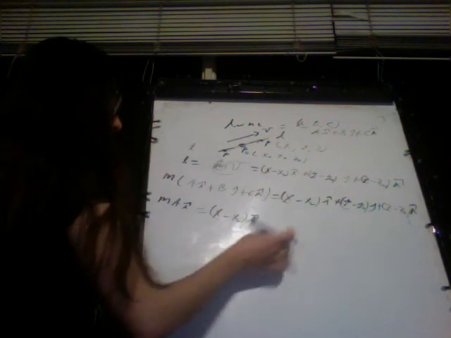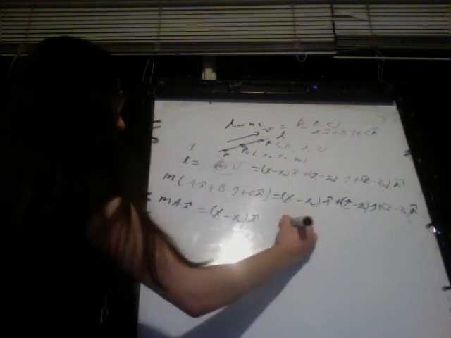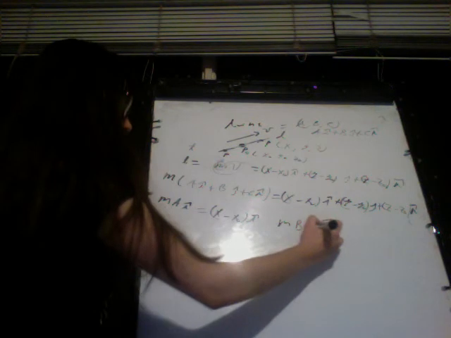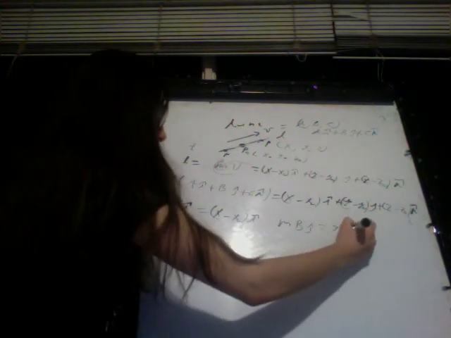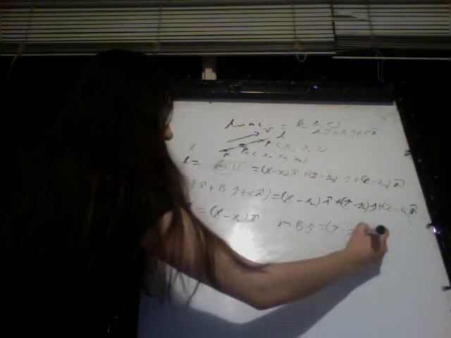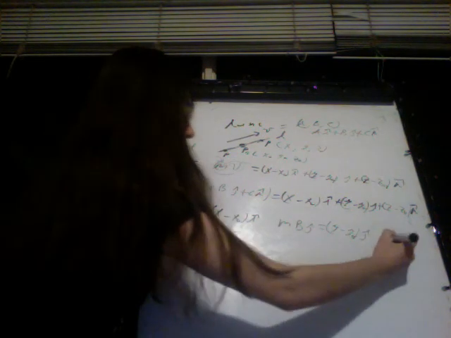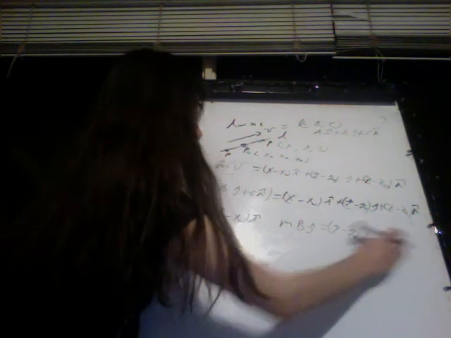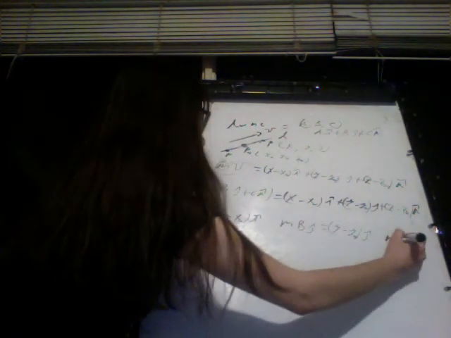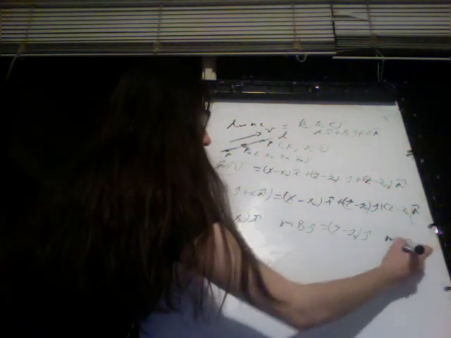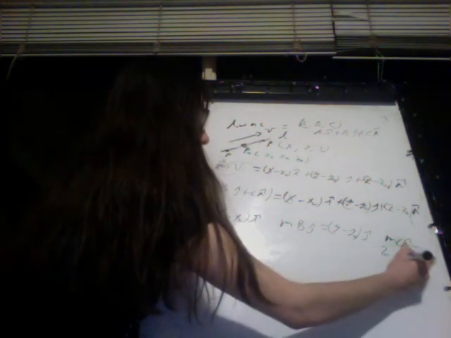This is one equation. The other equation is M B j equal to Y minus Y naught times j, and the other is M C k equal to Z minus Z naught k.